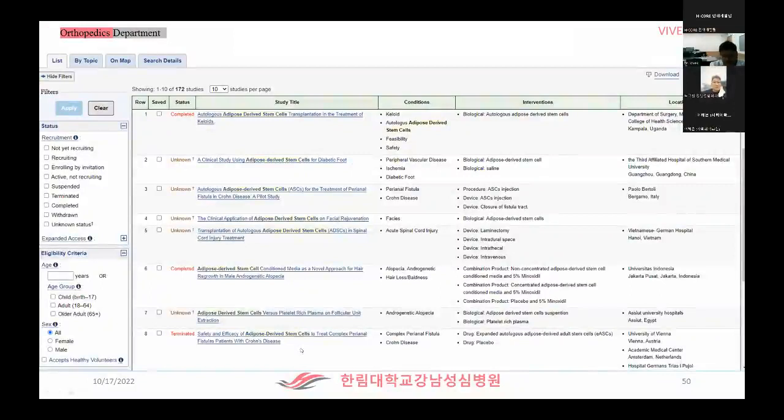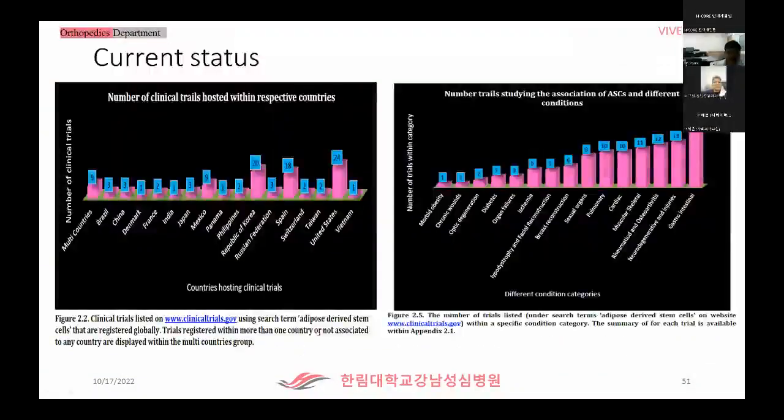So many studies are going on, and you can understand from this particular picture why this study is so important. You just see that South Korea is a very important leader in using clinical trials. Republic of Korea has 20 clinical trials using adipose-derived stem cells for the treatment of different degenerative diseases.